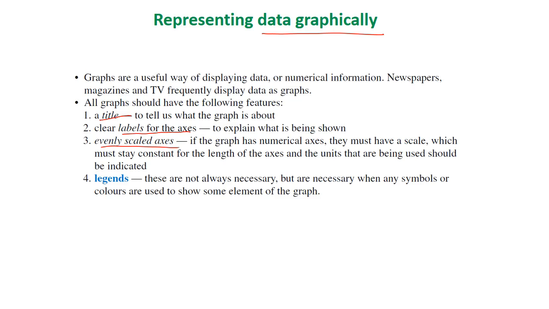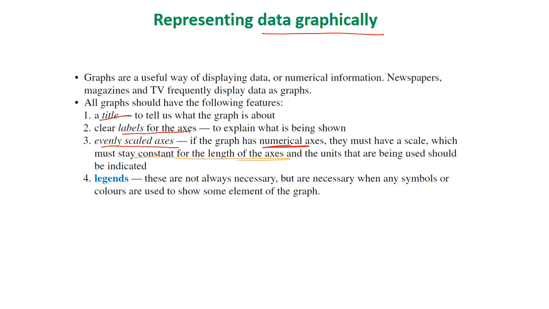We want the scales, the axes, to be evenly scaled. This is especially true when you've got numerical data, so you're really clear what's there. And because they need to be consistent and so constant along the length of the axis, you can't chop and change because then it doesn't make sense.